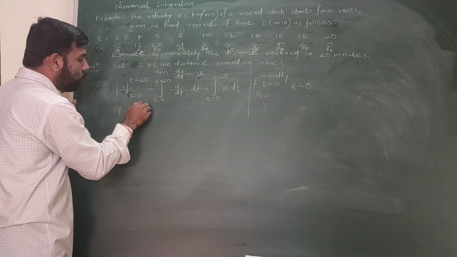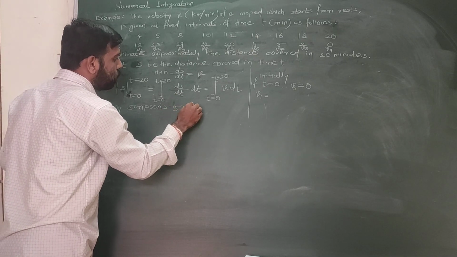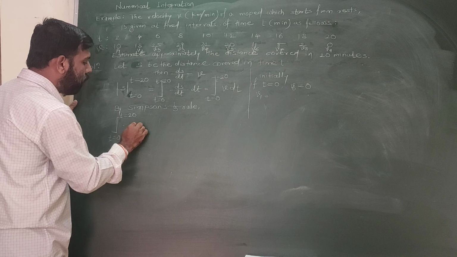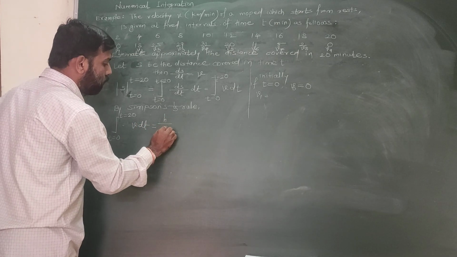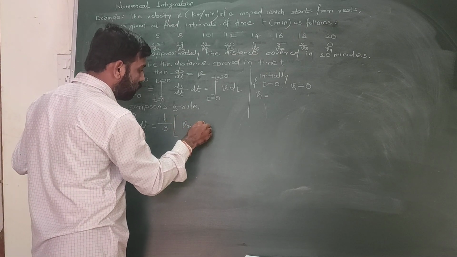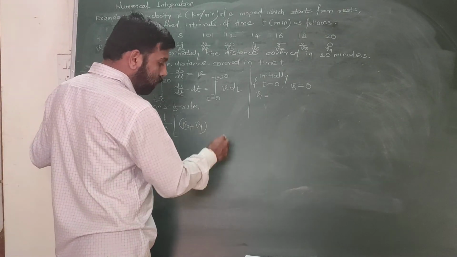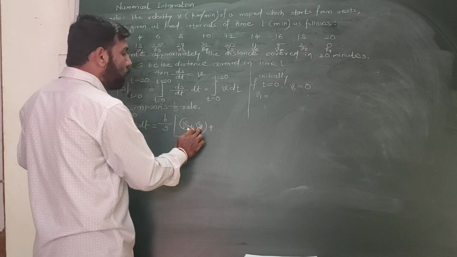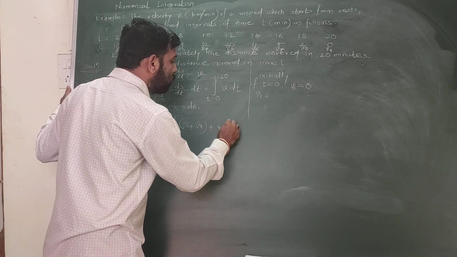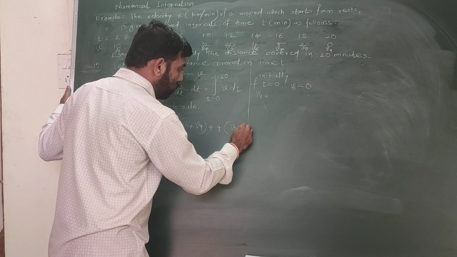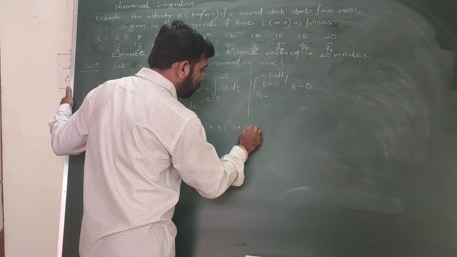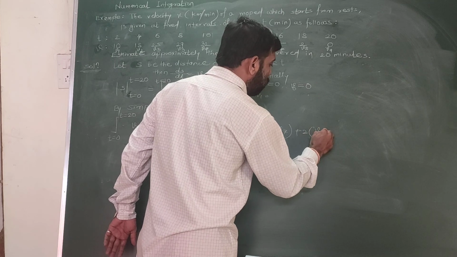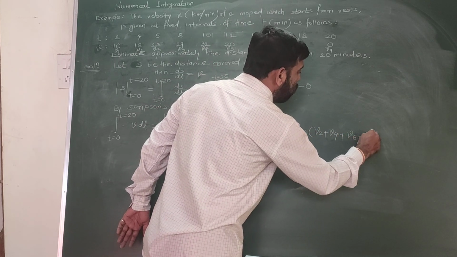By Simpson one-third rule, we write that the integration from t equals 0 to t equals 20 of v dt is equal to h by 3 times v0 plus v9 (the first value and last value), plus 4 times v1, v3, v5, v7, plus 2 times v2, v4, v6, v8.